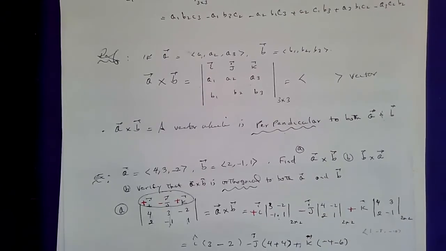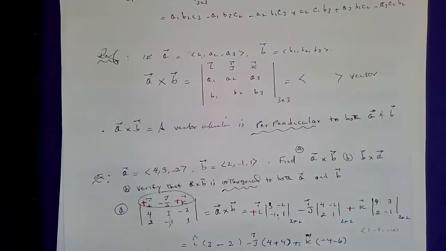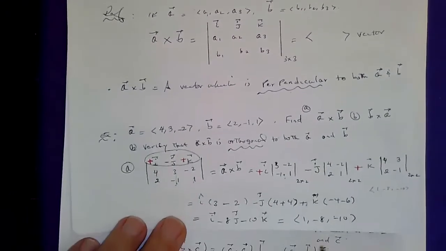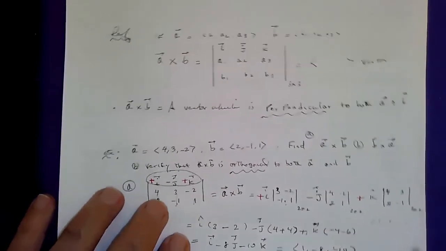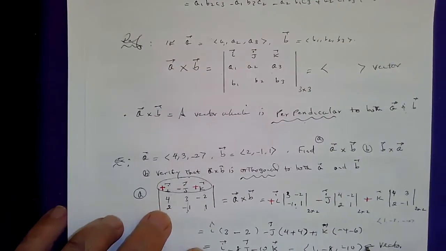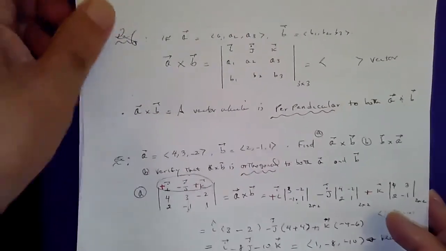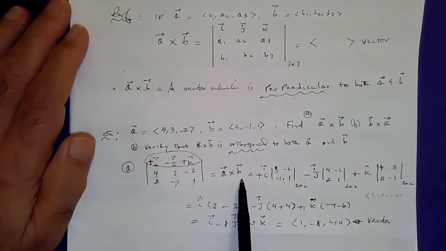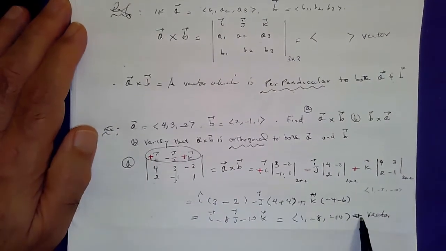So I get I minus 8J minus 10K, which I can write as 1, negative 8, negative 10 in angular brackets notation. So there it is. This is a vector. Do you see it? Notice the cross product of two non-zero vectors is a vector.